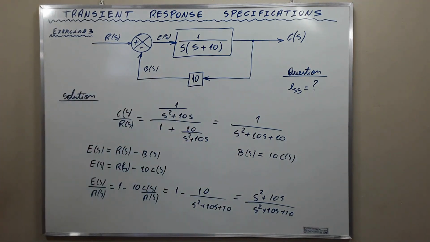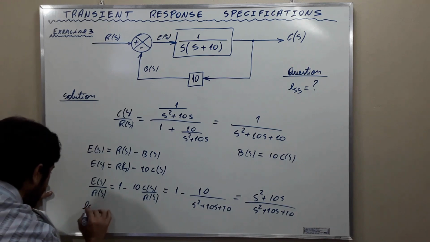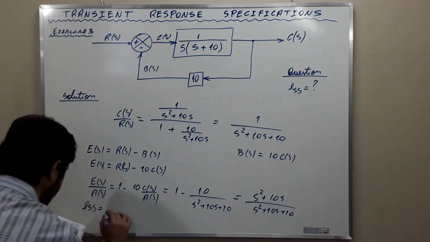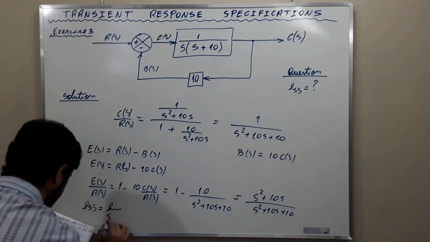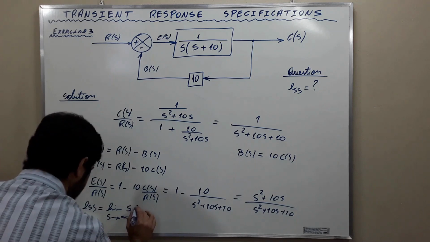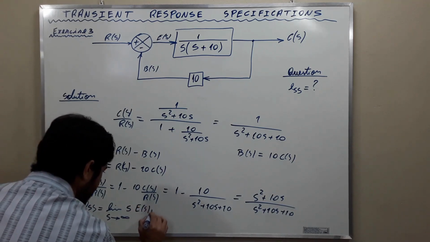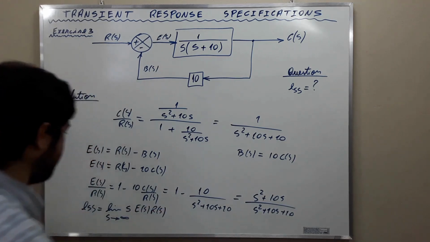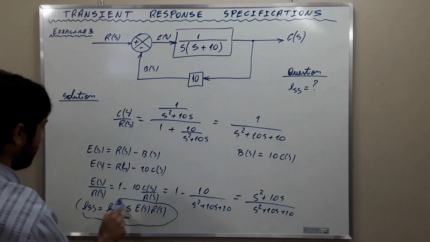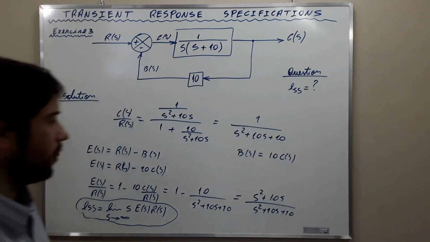The steady state error can be calculated as the limit when s goes to infinity of s E of S R of S. Okay? This is how we calculate the steady state error.